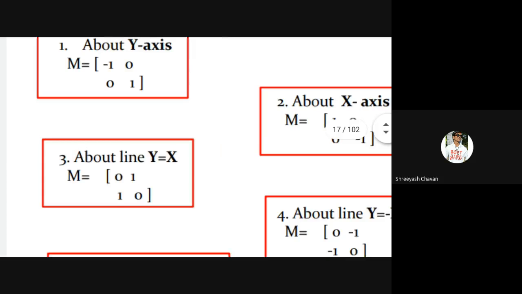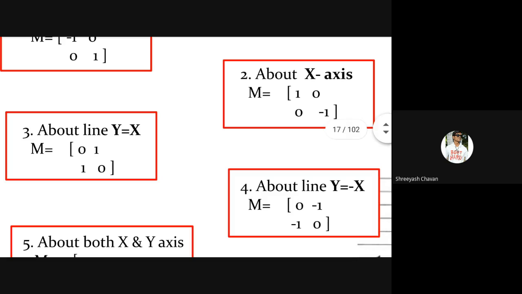For about x is equal to y, the formula is 0 1 1 0. This type will not be asked in the examination, but see here the line y is equal to -x. In a given problem, a clear statement will be given, not just a statement like x is equal to y.